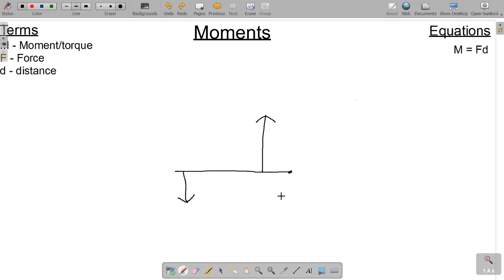Most of the time there will only be two forces. If there are more, you just add them up.